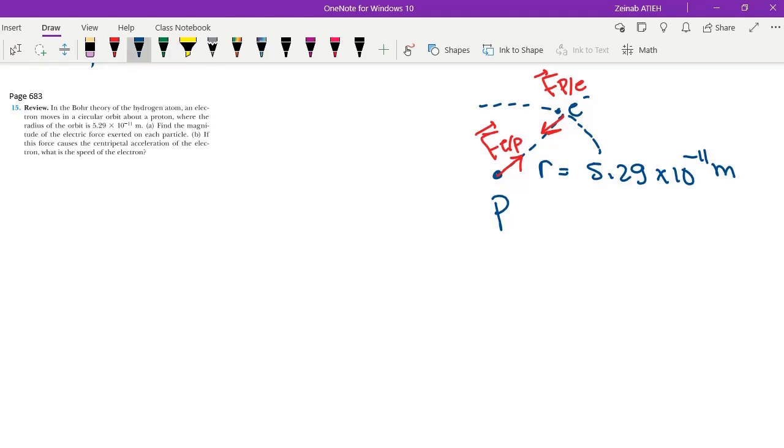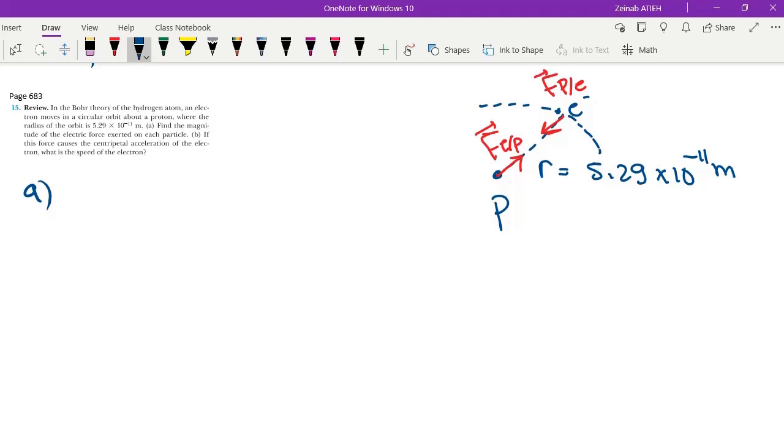In part A, we all know that the proton and the electron have opposite charges, so the electron has minus 1.6 times 10 to the power minus 19 charge, and the proton has 1.6 times 10 to the power minus 19 charge. In this case they will attract each other, so I will draw the F exerted by the proton on the electron opposite to that exerted by the electron on the proton.